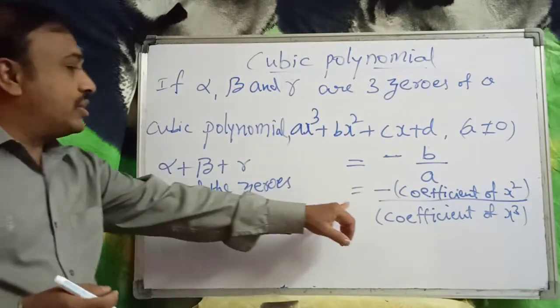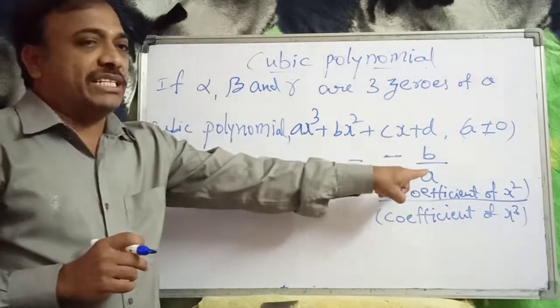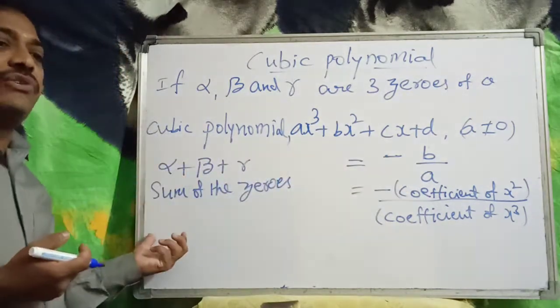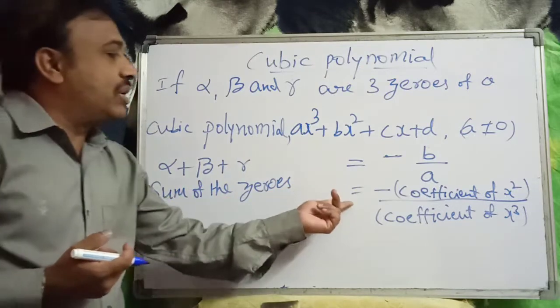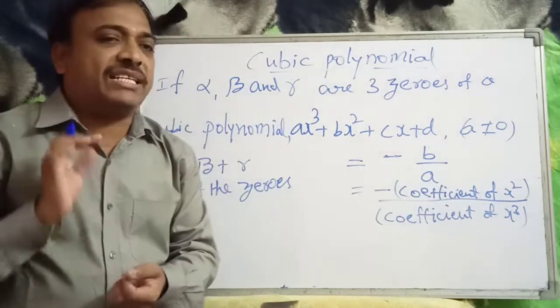Sum of the zeros is alpha plus beta plus gamma equals minus b by a. In words, you can write: sum of the zeros is equal to minus coefficient of x square by coefficient of x cube.